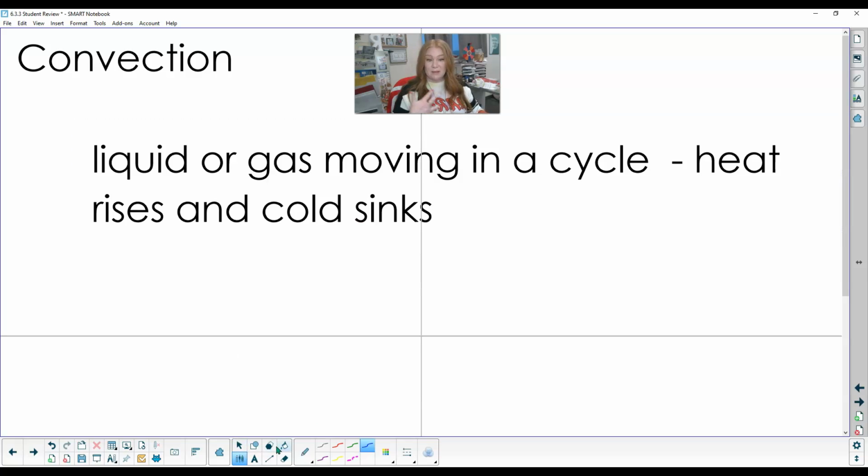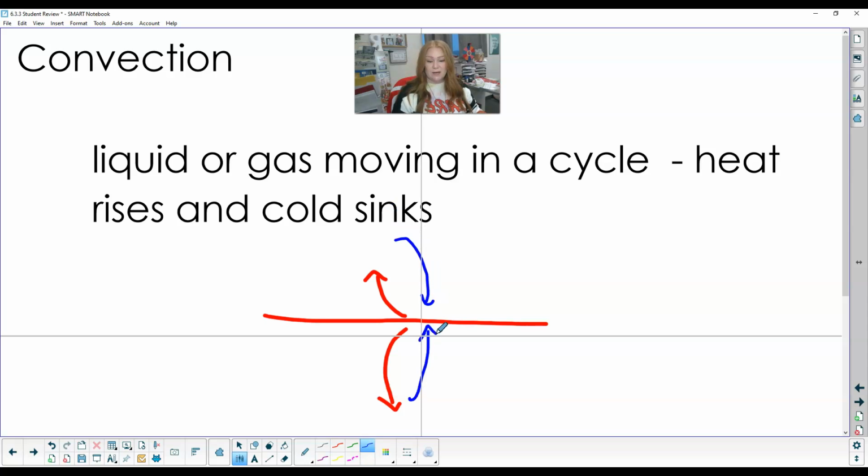So we can see that in the water and in the air. If our equator gets warm, we've got the warm water rising to the poles, and then the cold comes back down to the equator, and it does that in the water and in the atmosphere.